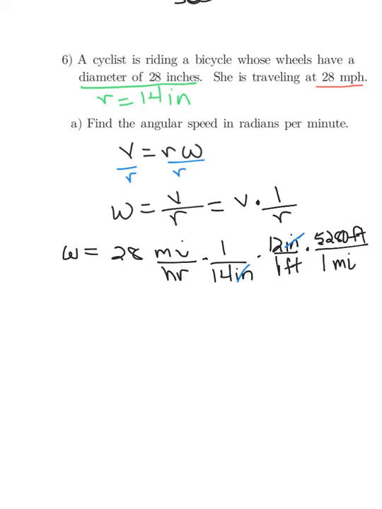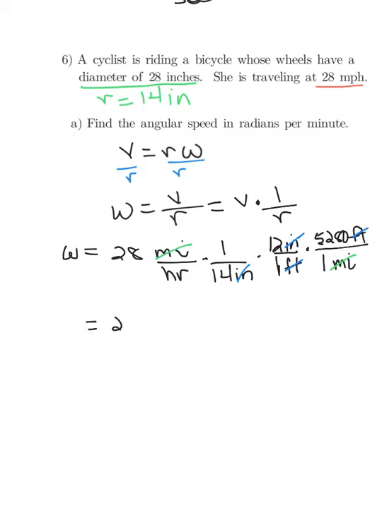Well, now look what happened. Feet cancels with feet. The other thing that happened is that miles from way over at the beginning cancels with this miles. So let's look at where we are right now.